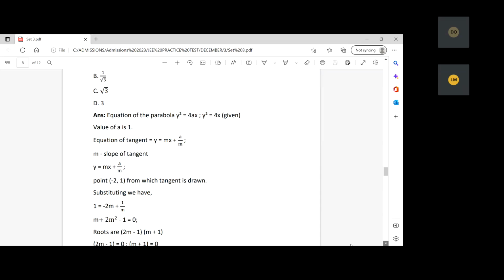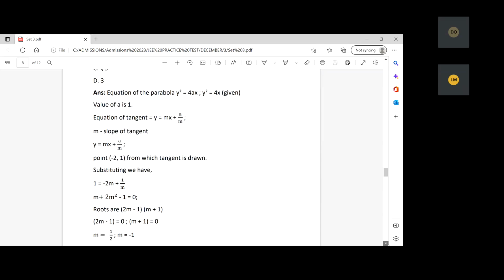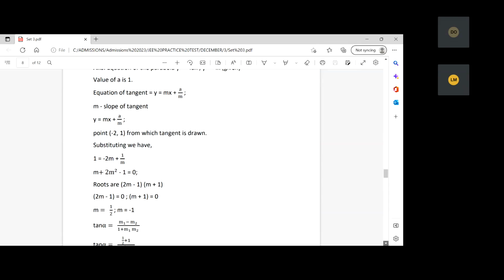Once you frame the equation, we can get two roots here, m1 and m2. It could be 1 by 2 or -1. Now what's the equation for the angle? What is tan theta? It's m1 minus m2 by 1 plus m1 m2.